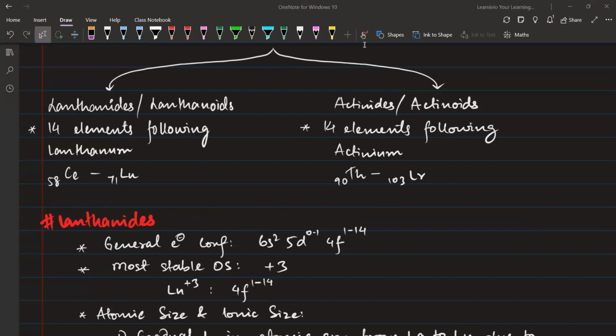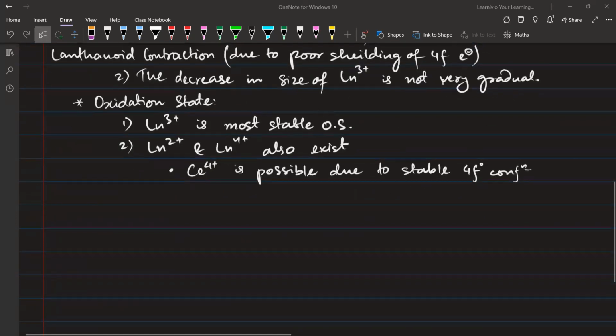Tell me guys, 54 atomic number to which element? Xenon. Xenon, है ना? And xenon is a noble gas, right? So when cerium is in 4 positive state, then it is quite stable because of 4f0 configuration. Okay, it is like an inert gas.